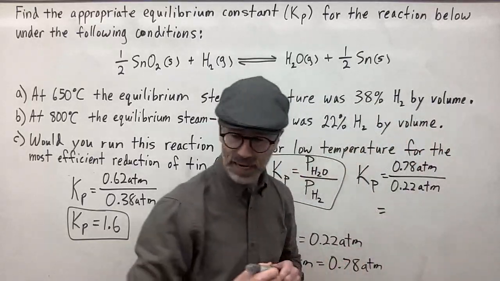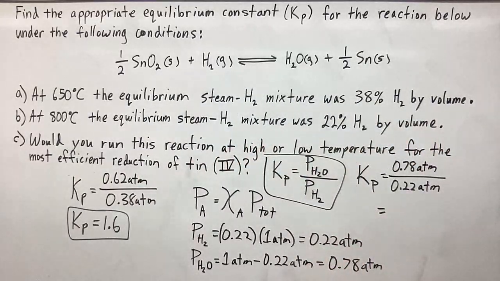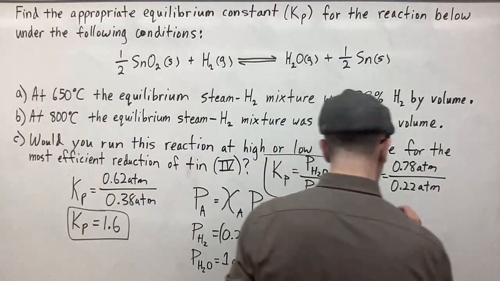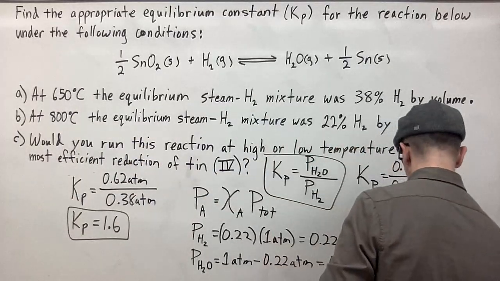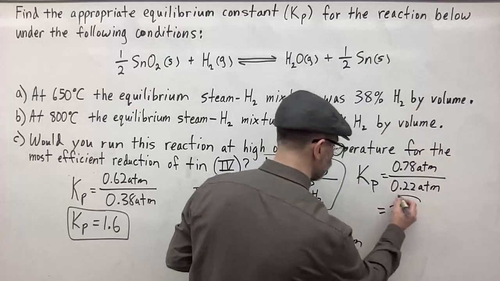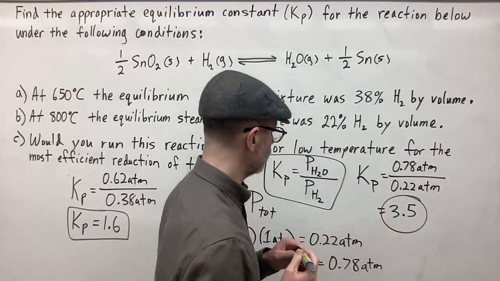When we calculate that out, we get 3.5, again rounded to 2 sig figs.